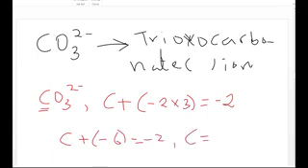Therefore carbon is equal to minus 2 plus 6. Carbon will be equal to what? 4. So this is trioxocarbonate 4. You write the 4 in Roman numerals, IV. So this trioxocarbonate 4 is also called carbonate ion.